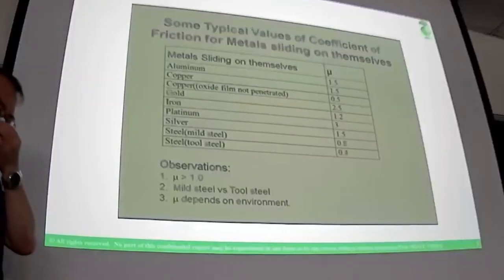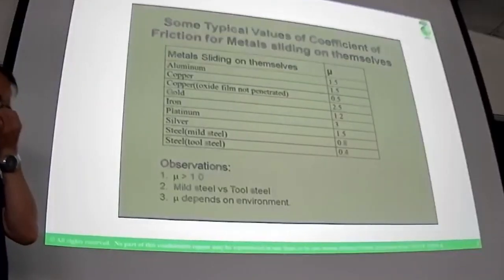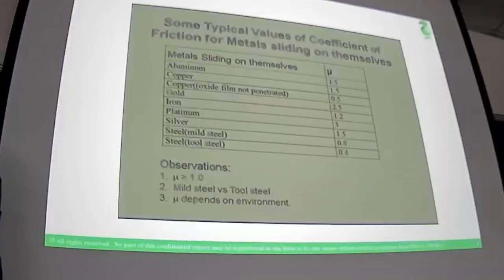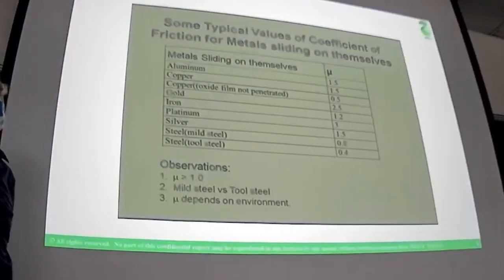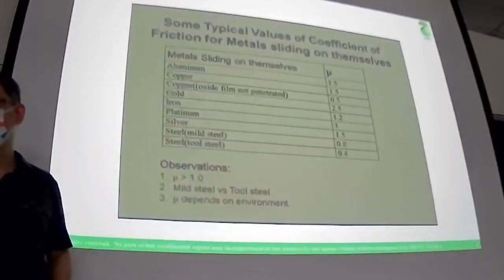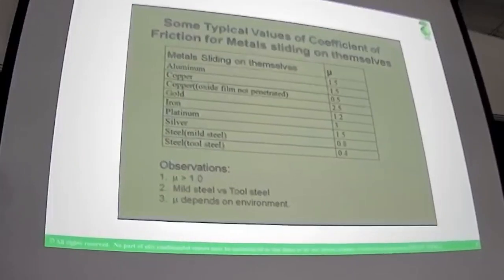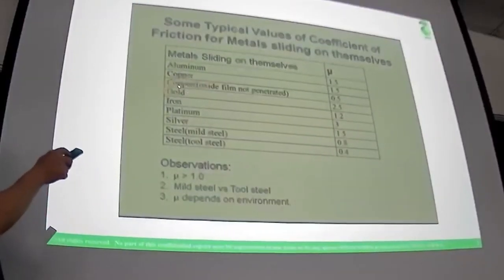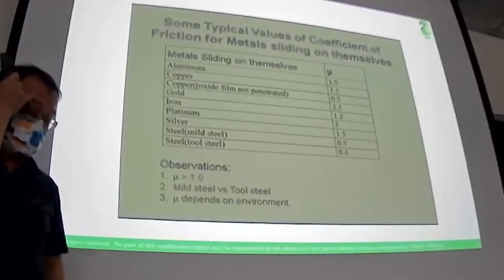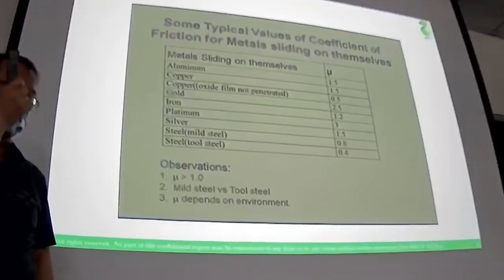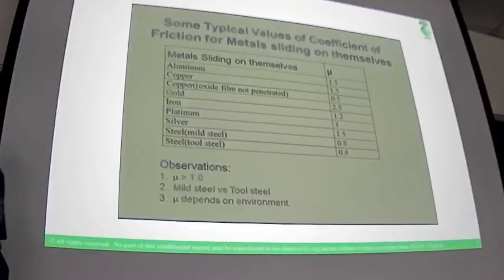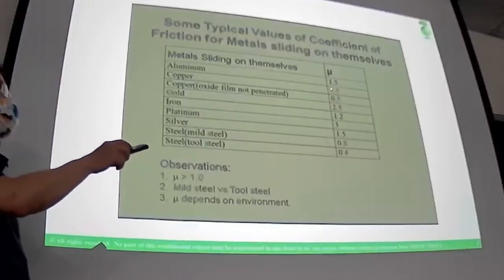Most metals rust in air with moisture and oxygen, so there is an oxide layer on top. The oxide film is the oxide layer. So if you have an oxide layer on top of the copper, and you slide on another oxide layer of copper, it's like a film of lubricant in between. So you have a reduced coefficient of friction.